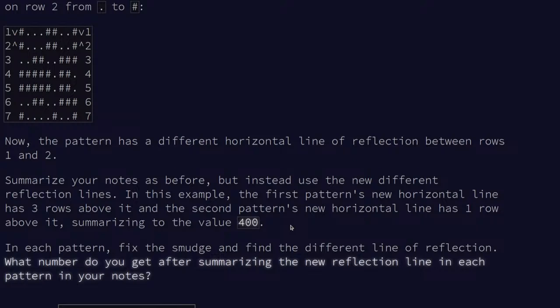This example, the first pattern's new horizontal line has 3 rows above it.